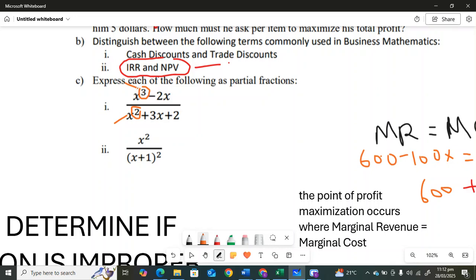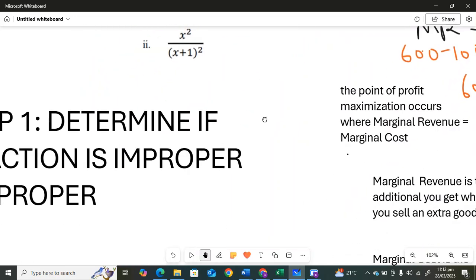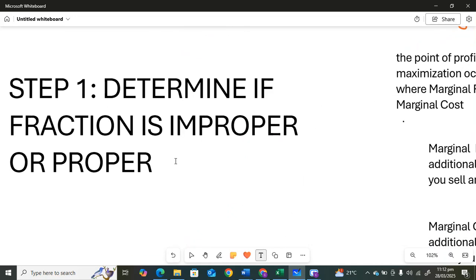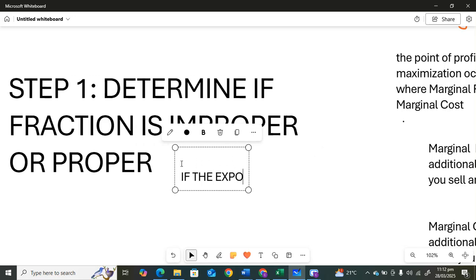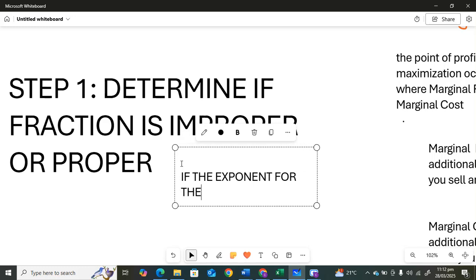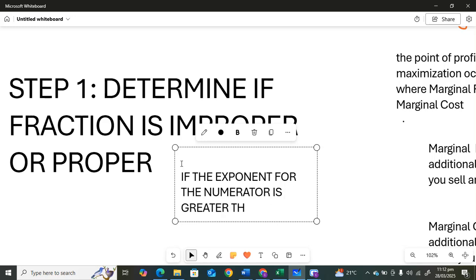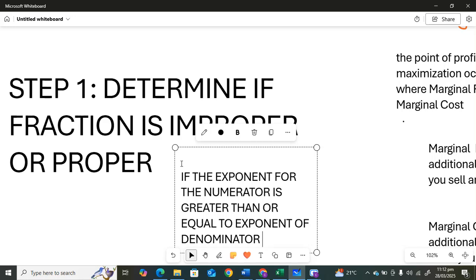So listen carefully. Let me type this down. If the exponent for the numerator is greater than or equal to the exponent of the denominator, you have an improper fraction.